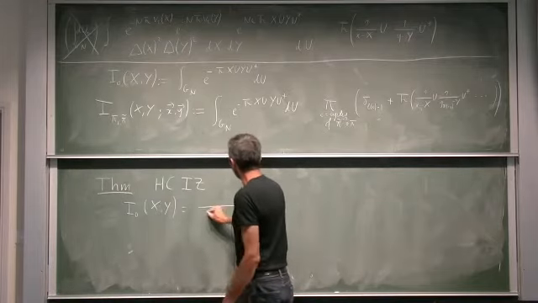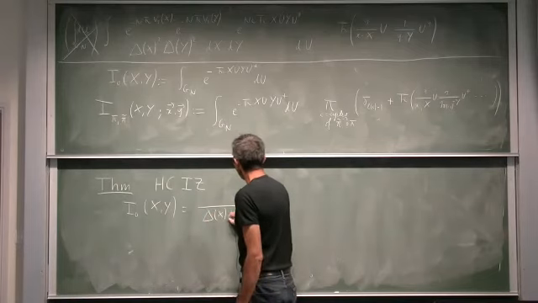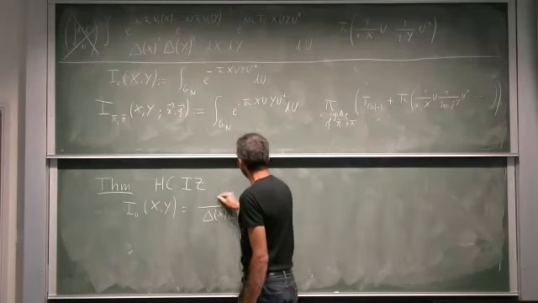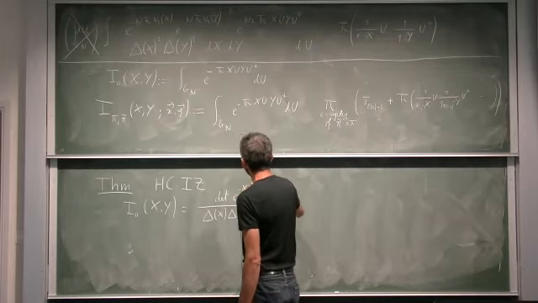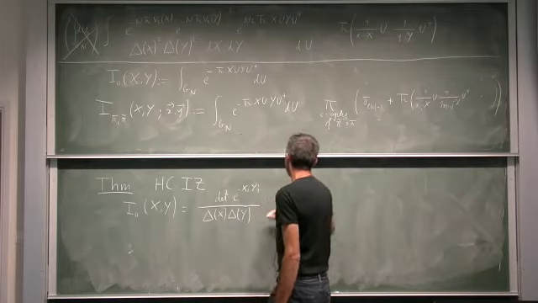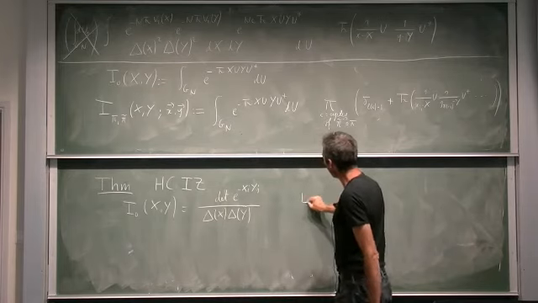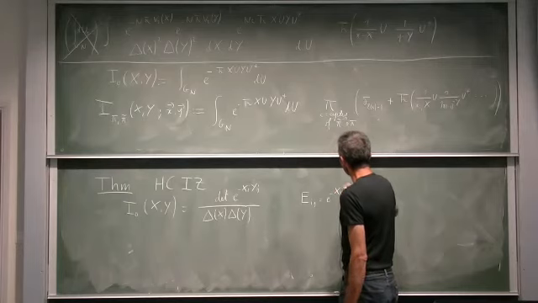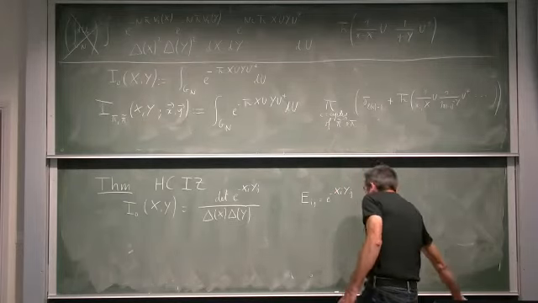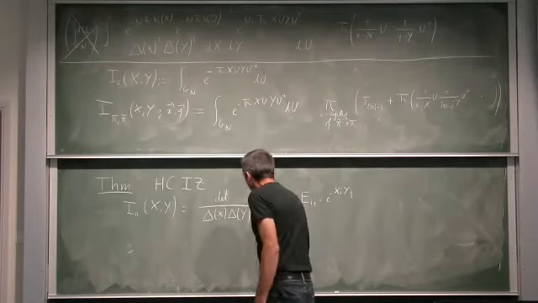It's the Vandermonde of x, Vandermonde of y, times the determinant of the matrix e to the minus x_i y_j. And let me define this matrix E_ij equals e to the minus x_i y_j. And so basically this is the determinant of E.